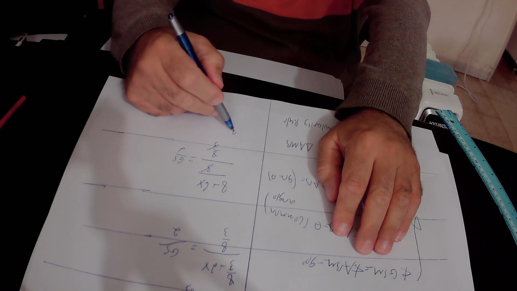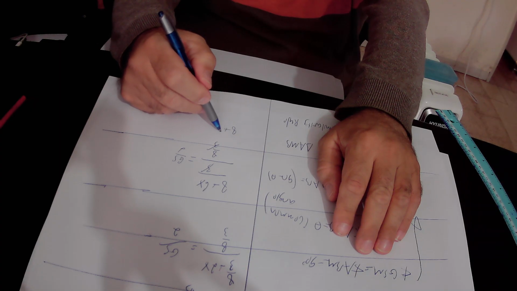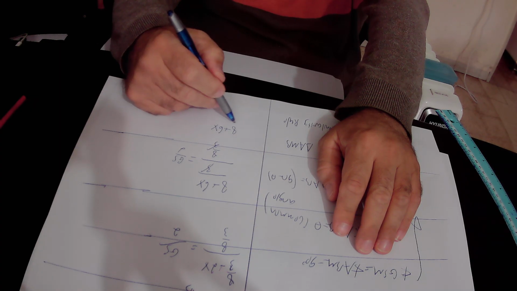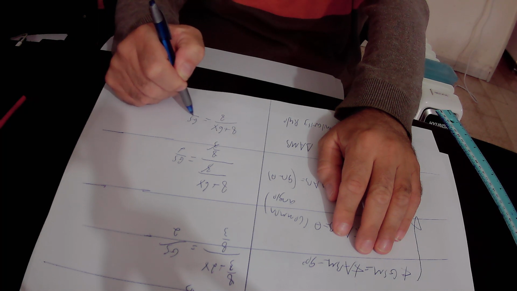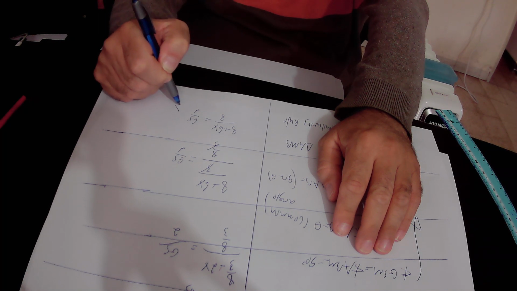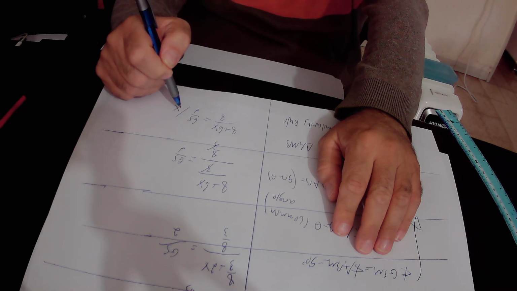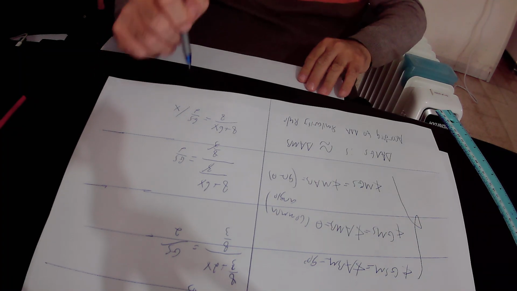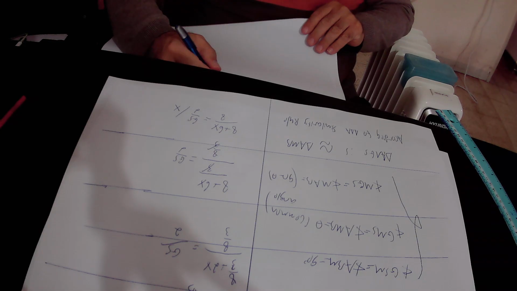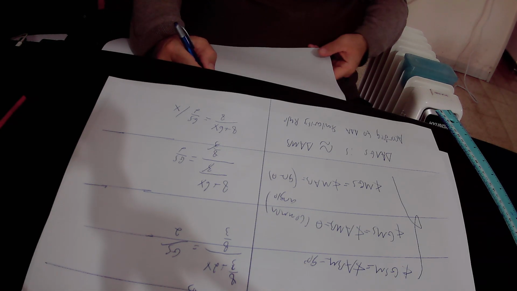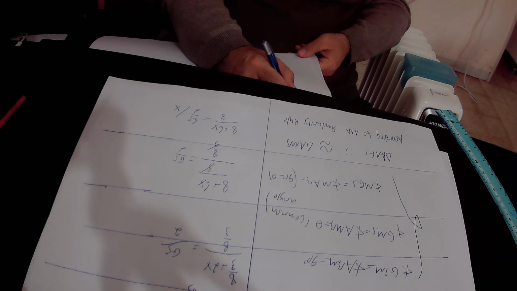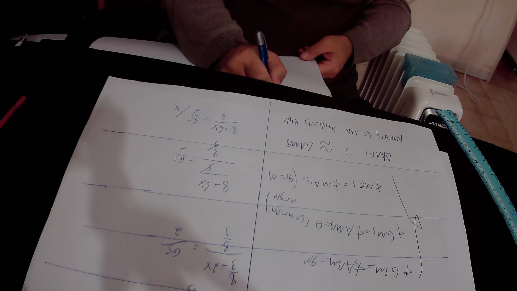And we are left only with 8 plus 6x over 8 equals GS over 2. Here we cross multiply this equation and we will get that two times 8 plus 6x equals 8 times GS.